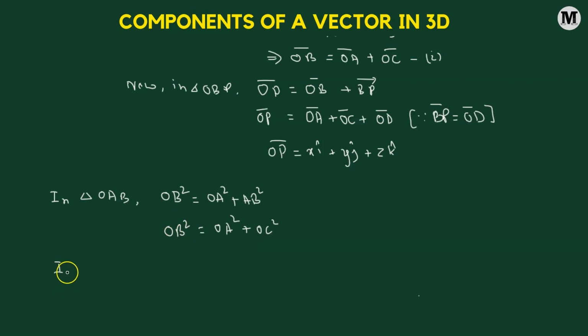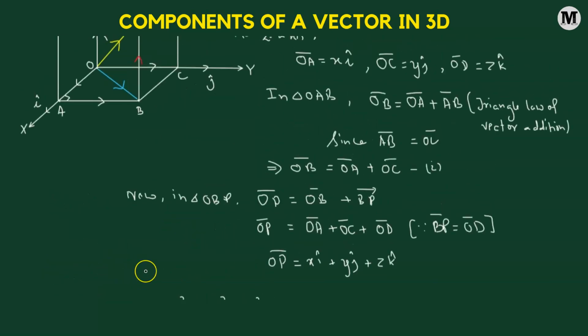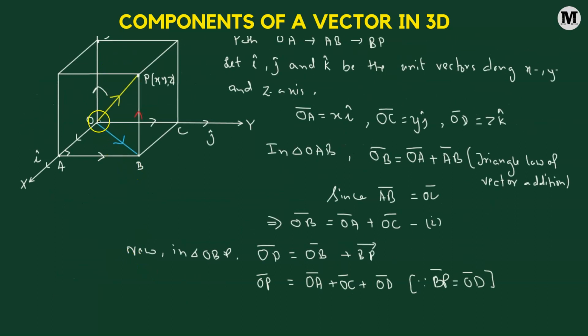Next, we're going to consider the triangle OBP. Let's go to the figure. So here we have the triangle OBP. Here OB is going to be perpendicular to PB. That means OP is going to be the hypotenuse, and the square of the hypotenuse is equal to the sum of OB squared and BP squared.